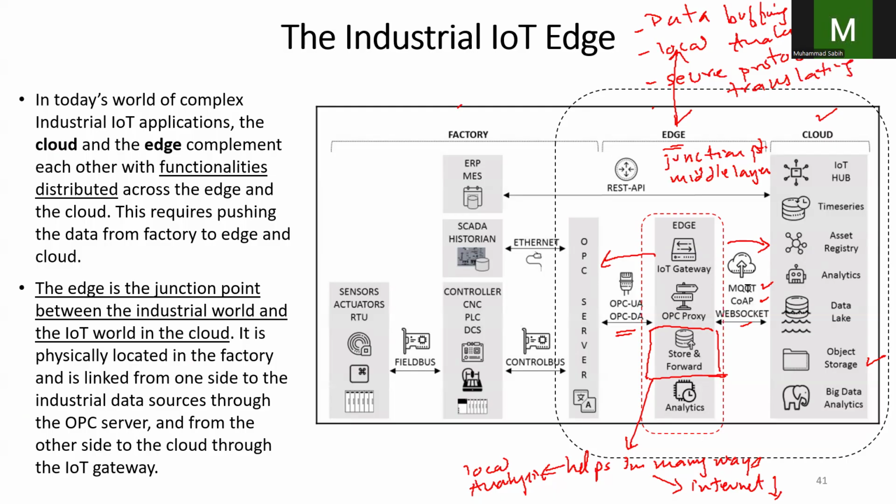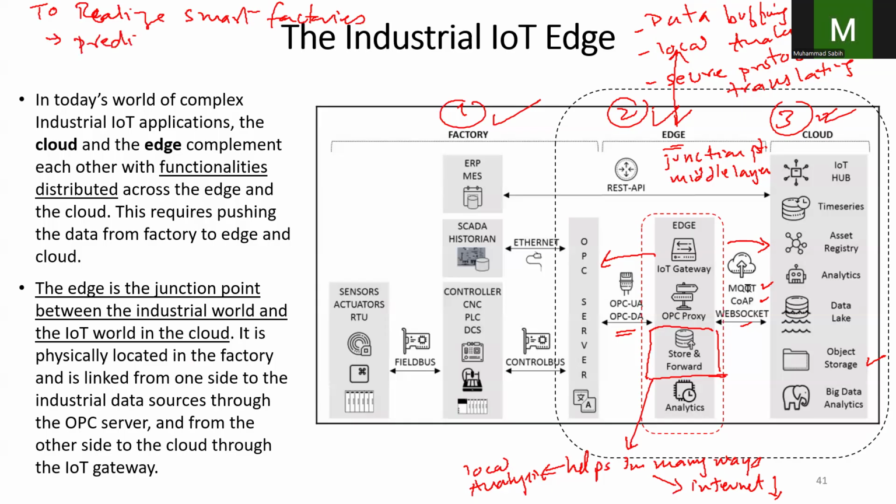This is like a three-step process: one, two, and three, from the factory to the edge and up to the cloud. Overall, this helps us realize smart factories, where we can have very good predictive analytics as and when required.